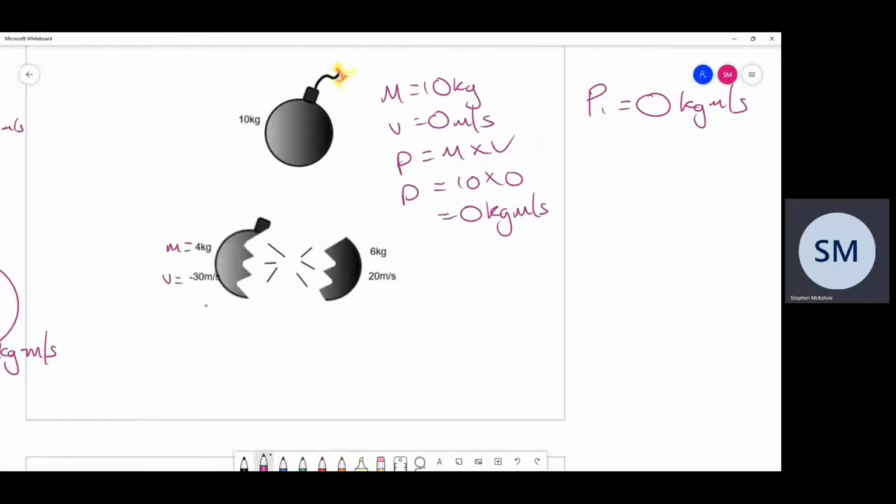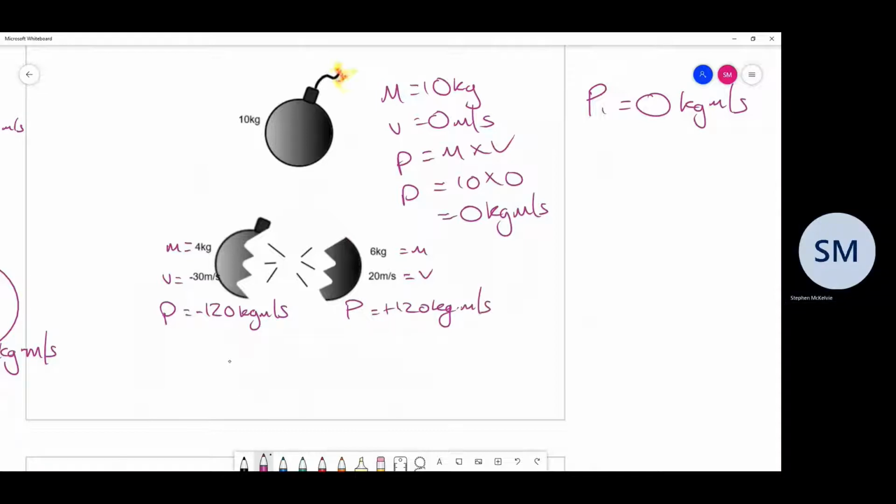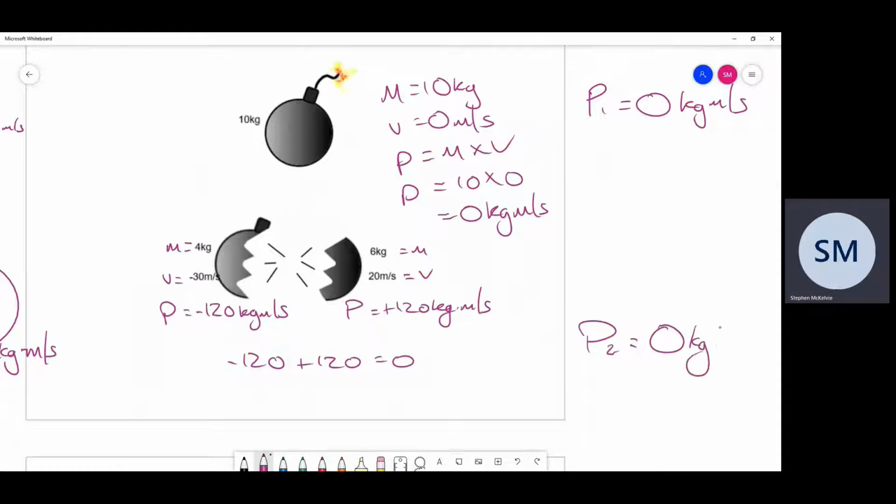The velocity of this part of the bomb is minus 30 meters per second, meaning the momentum will be negative 120 kilogram meters per second. The mass of this part of the bomb is 6 kilograms. The velocity of this part of the bomb is 20 meters per second, giving it a momentum of plus 120 kilogram meters per second. Minus 120 plus 120 equals 0. So the after momentum is also 0 kilogram meters per second.